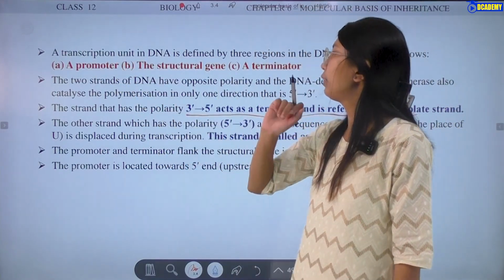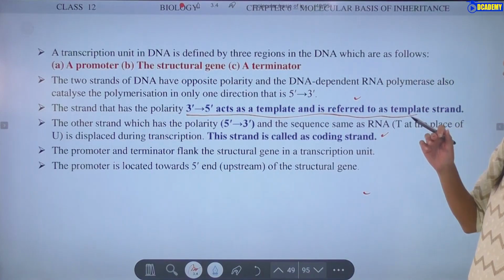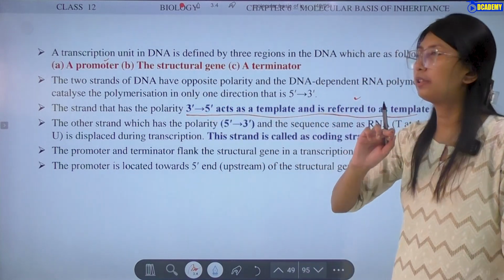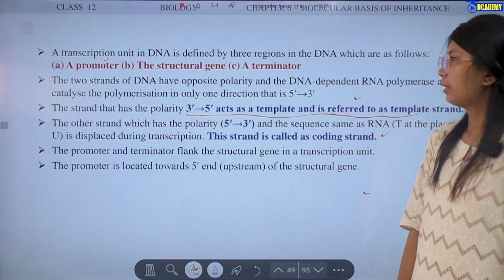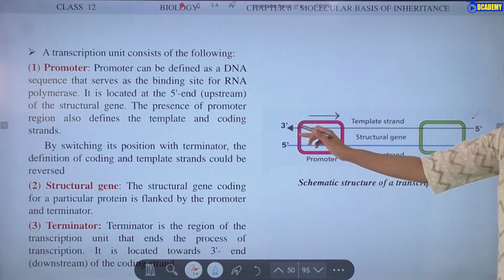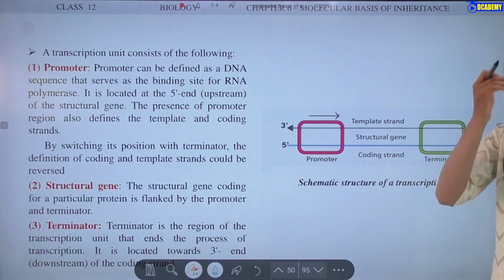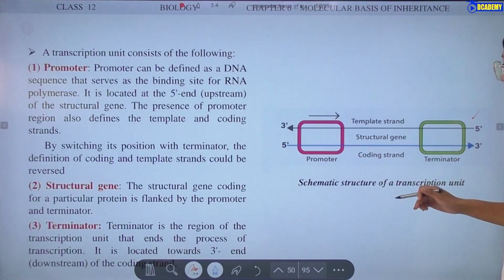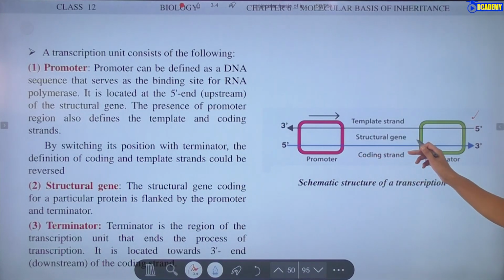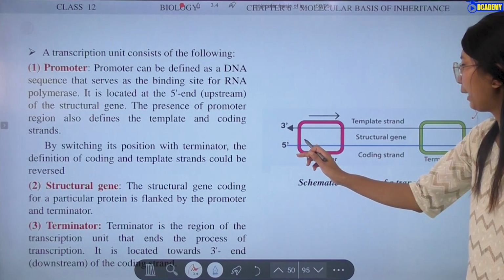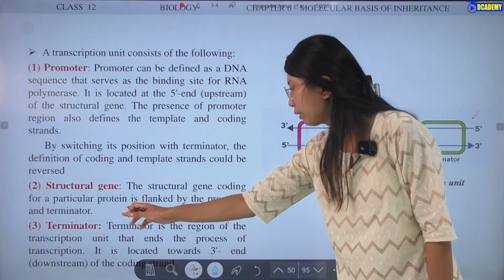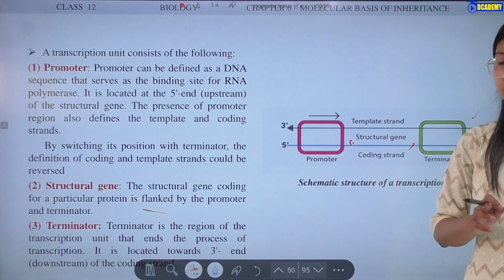Then the transcription unit in DNA is defined as 3 regions in the DNA, which are as follows: the promoter, the structural gene, and the terminator. The structural gene coding for a particular protein is flanked by the promoter and terminator.